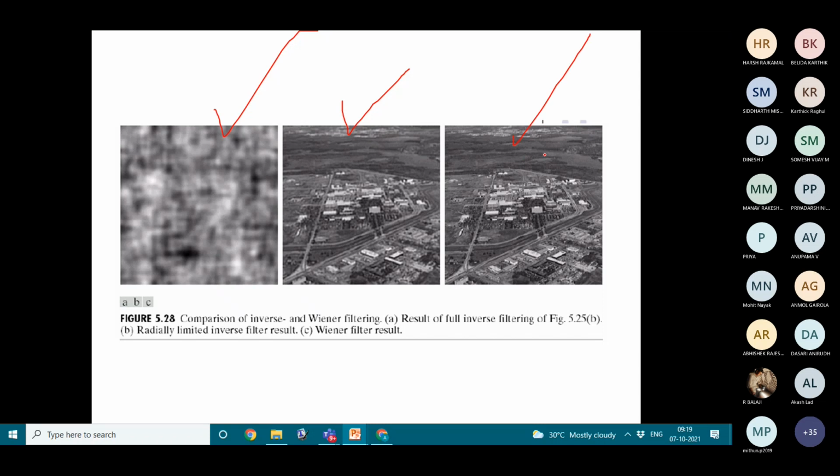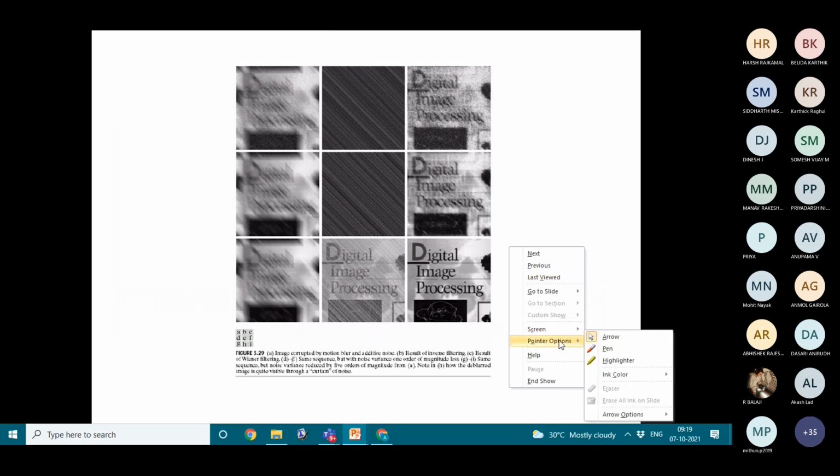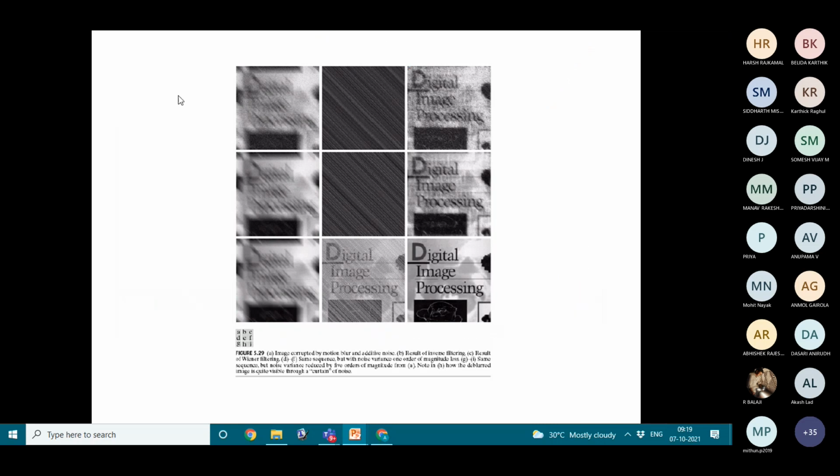You can see that the Wiener filter is performing better compared to the others. And this is the image corrupted with motion blur and additive noise. So blur is the degradation and noise is the additive noise that is being added. This is the result of inverse filtering, and this is the result of the Wiener filter.